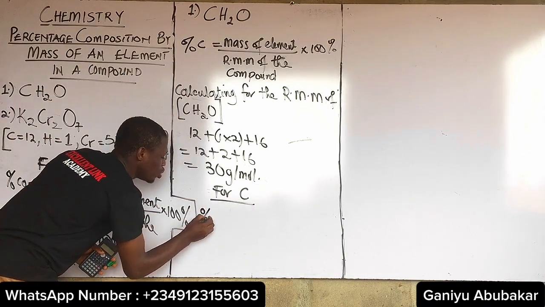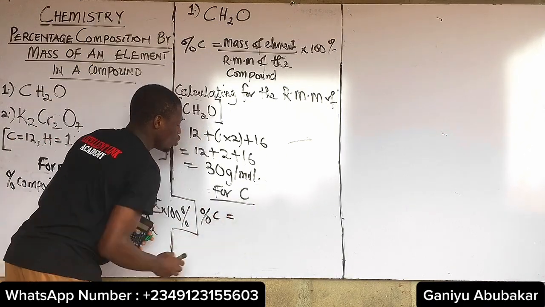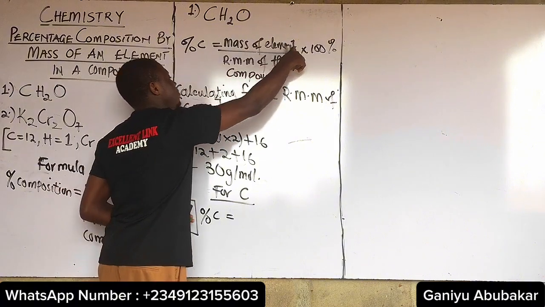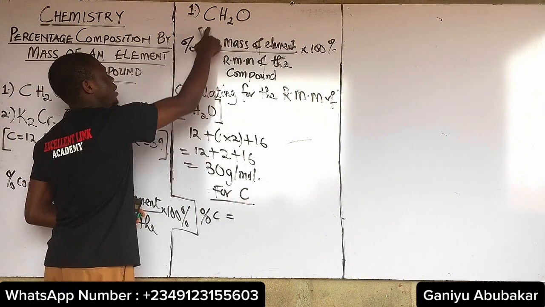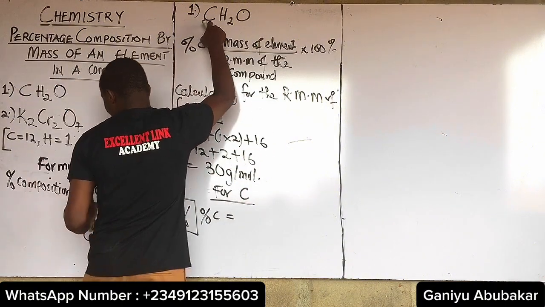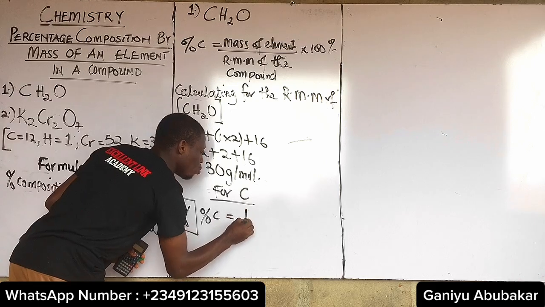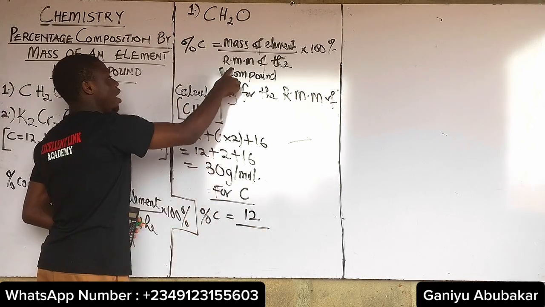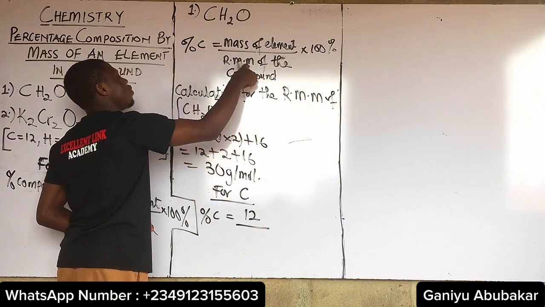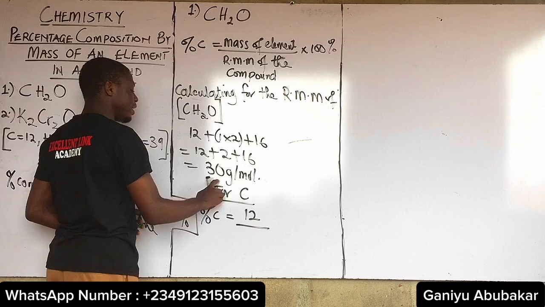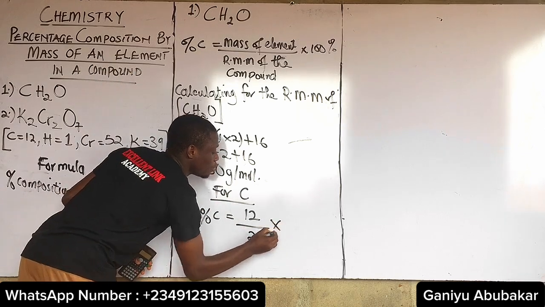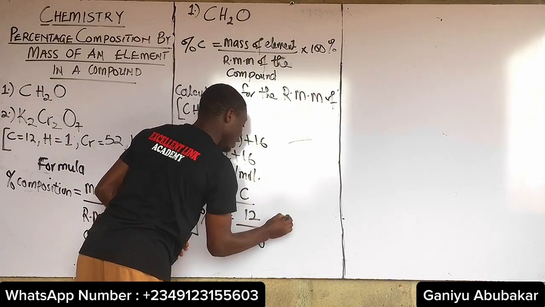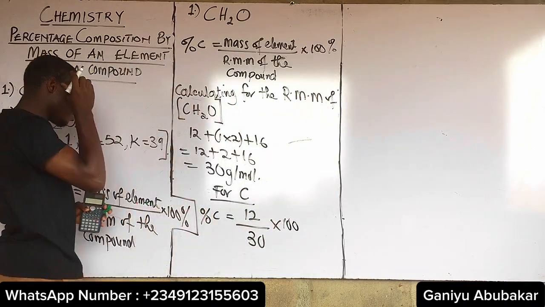The percentage composition of carbon is equal to the mass of the element. What's the mass of carbon here? The mass of carbon is of course 12. I'll have 12 all over the relative molecular mass of the compound, which is 30, times 100%.